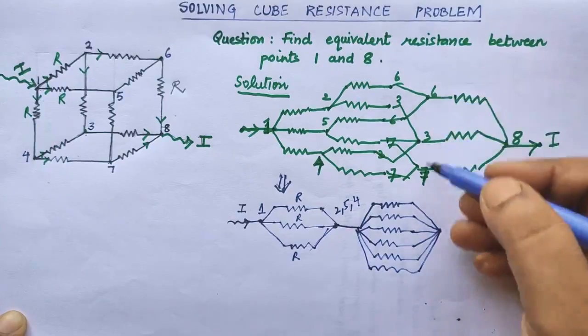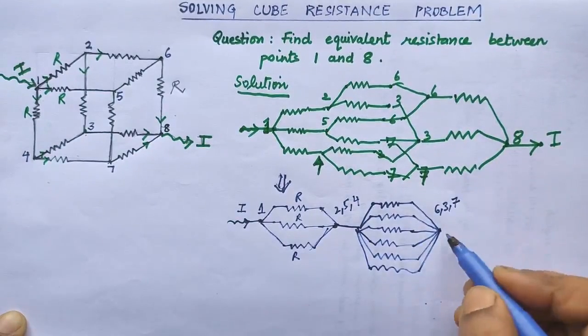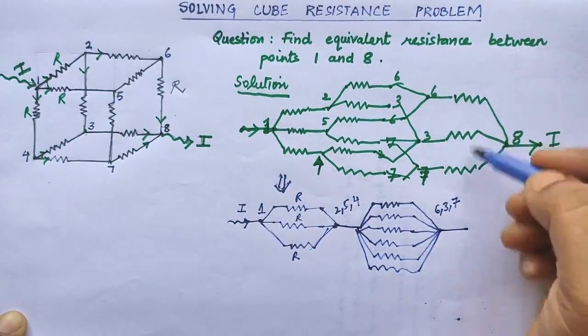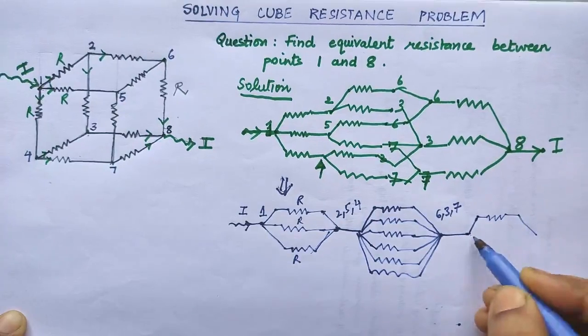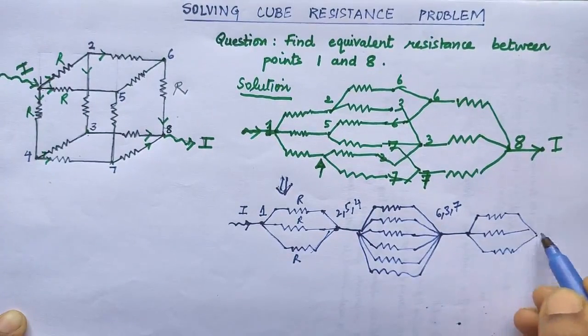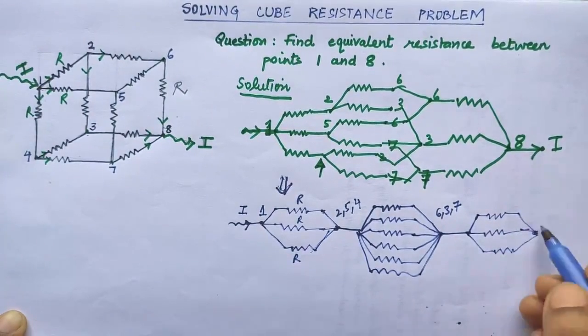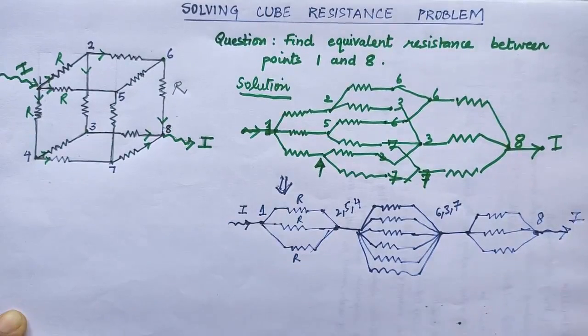This point has the same potential, it is points 6, 3 and 7. From here we move further and we encounter 3 more resistances: 1, 2 and 3. This point is point 8 and we have the current going out from here.